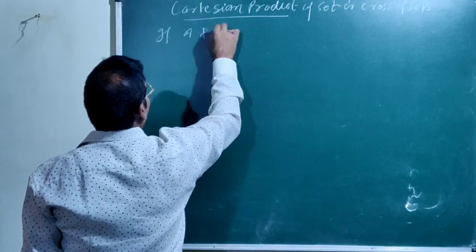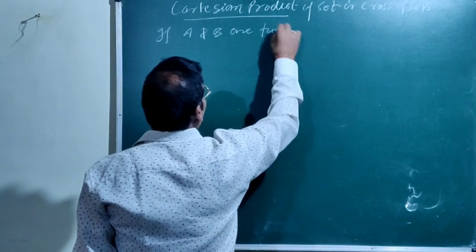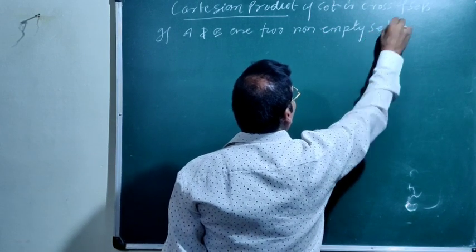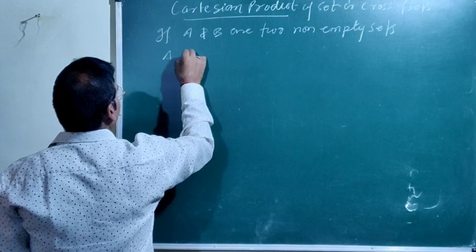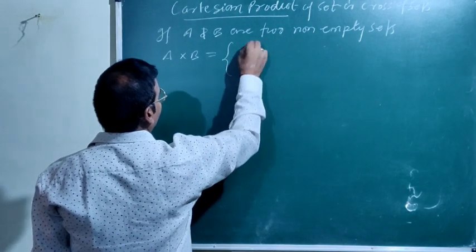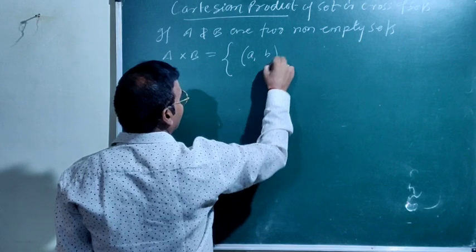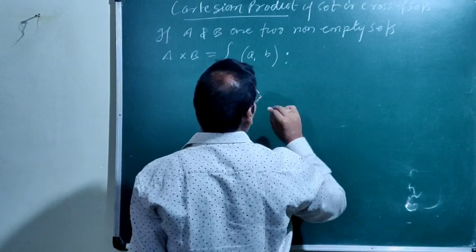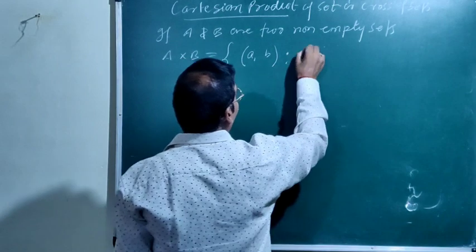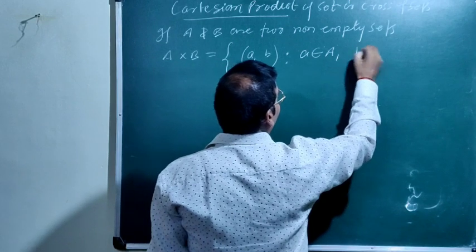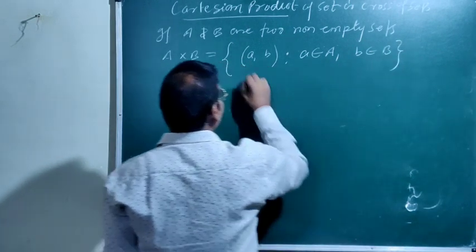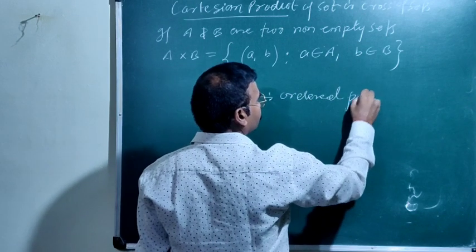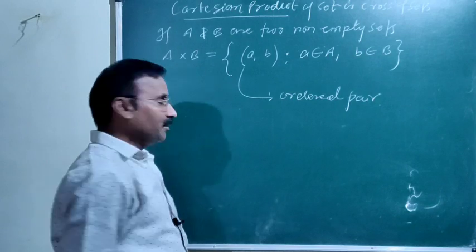If A and B are two non-empty sets, then A cross B is equal to (a, b), where small a belongs to capital A and small b belongs to capital B, and this is called an ordered pair.